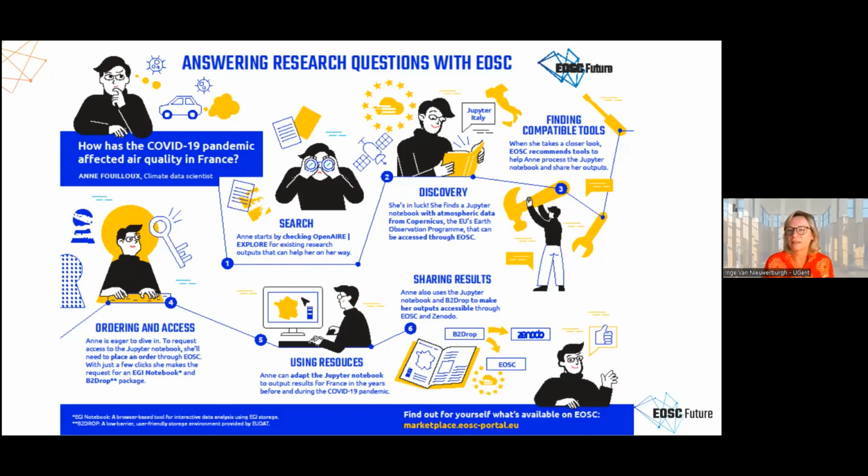You discover something, you find compatible tools recommended by EOSC, and you start ordering and accessing, for example, with a notebook and B2Drop, use the resources in a Jupyter notebook, and then share results, for example, through Zenodo, which is developed within OpenAIRE, and the B2Drop services. So this is a narrative to show how you can integrate these different services on EOSC in your own research.